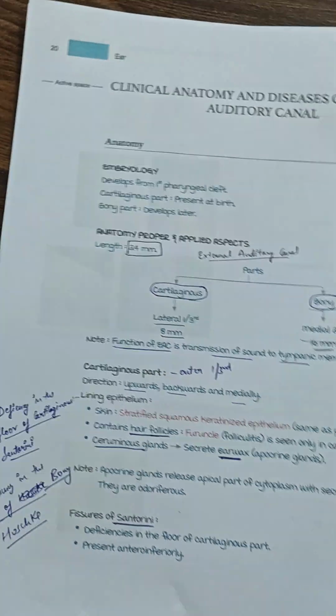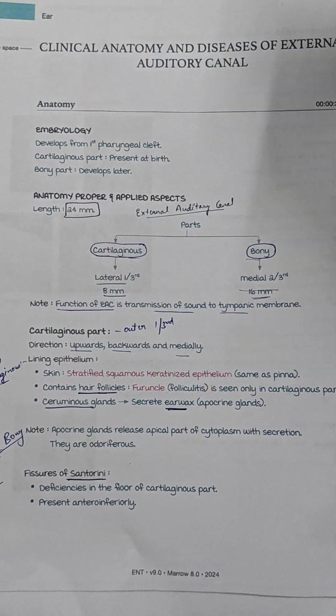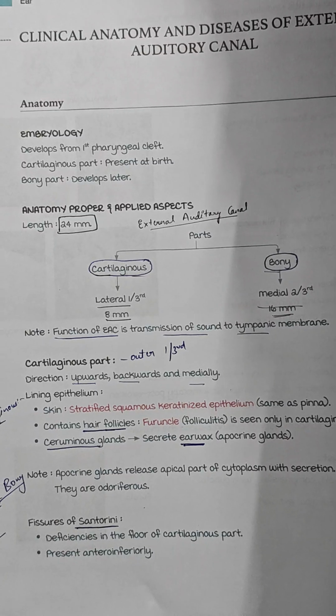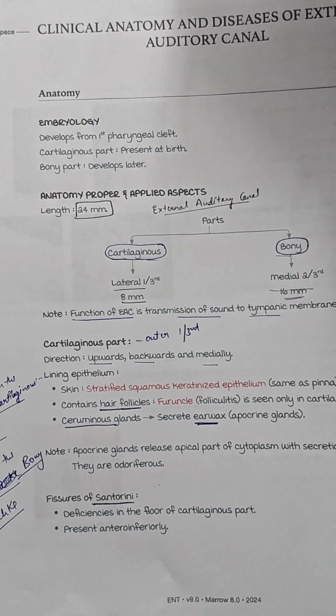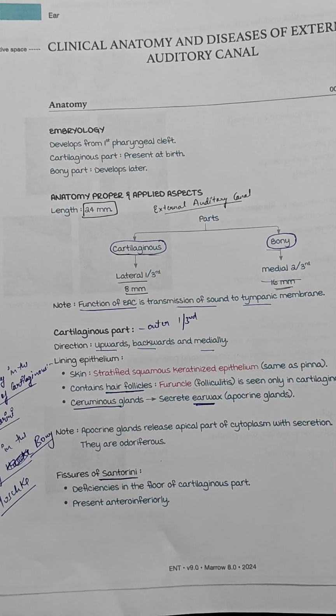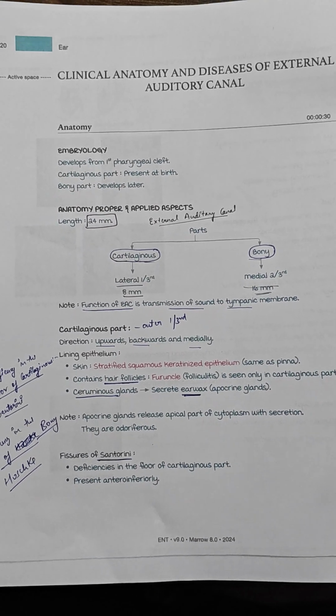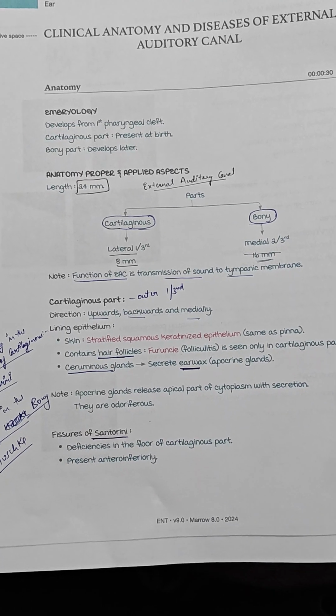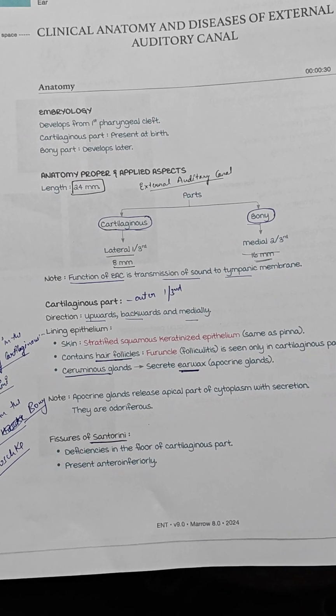Now let's see the external acoustic meatus. It extends from the bottom of the concha to the tympanic membrane. Its length is about 24 millimeters along its posterior wall.